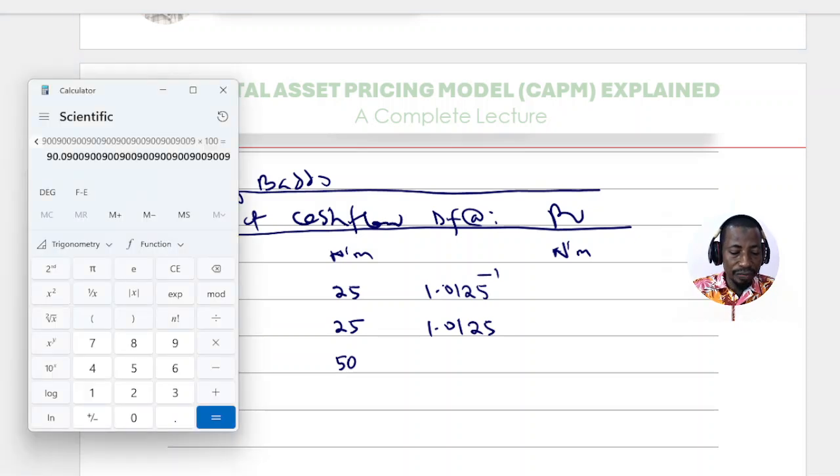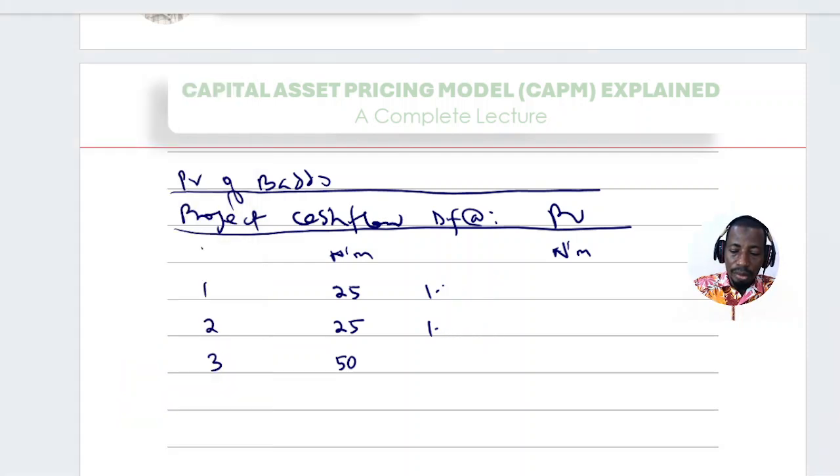You have to be very careful. So 12.5 divided by 100 equal, so plus 1. So there's no 0 there. Okay, it's supposed to be 1.125 raised to power minus 1. Then here will be 1.095 because it's 9.5, so minus 1.